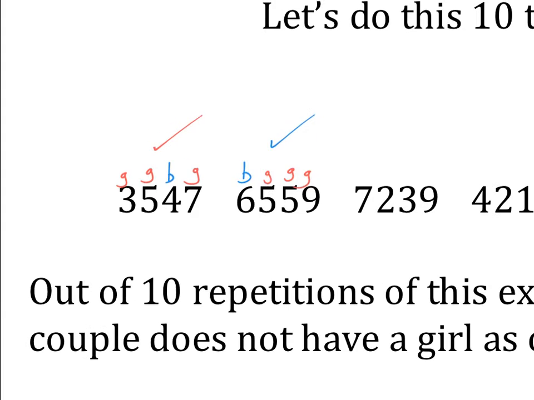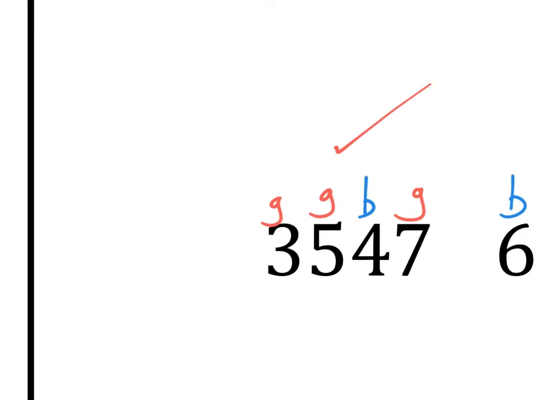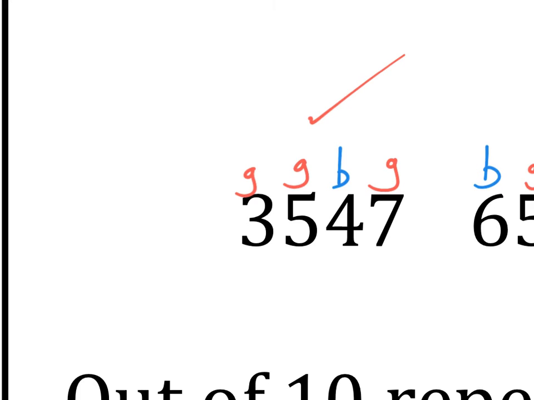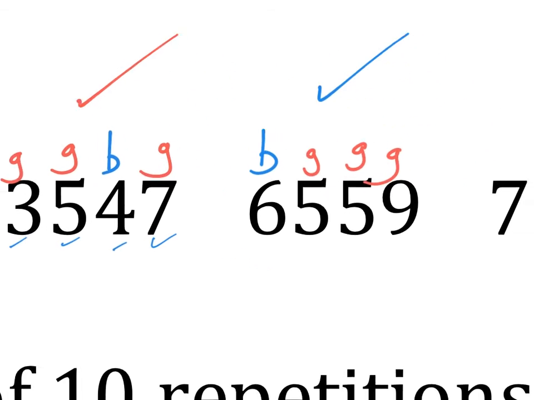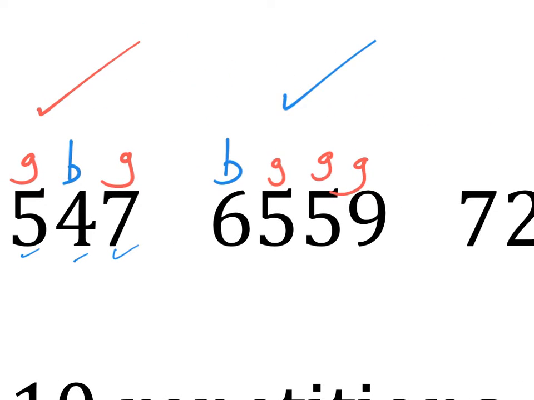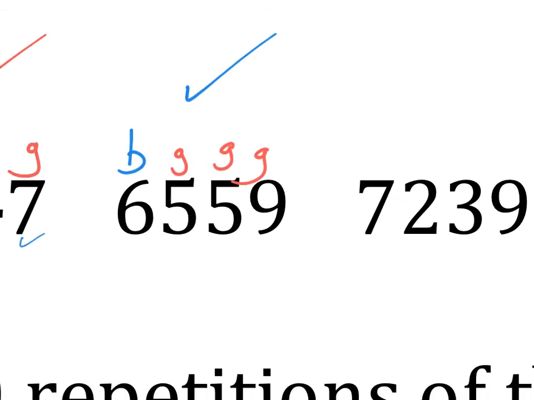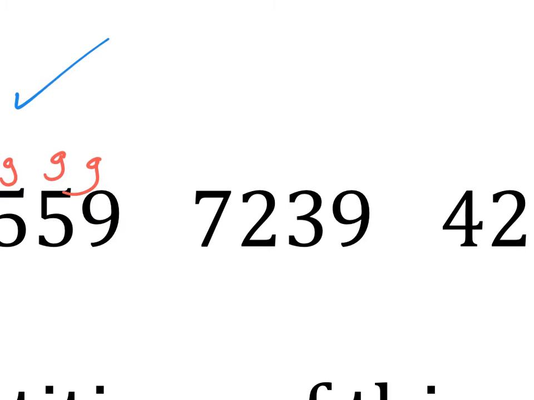So this second group is also having a girl. Think of it this way. In this number set, if this was a simulation, it would be like having a girl, then another girl, and then your third child's a boy, and then the 4th child's a girl. That'd be the first 4 children. The second one would be like having a boy, and then girl, girl, girl. So 3 girls in a row, because odds are girls, evens are boys. The next one would be like girl, boy, girl, girl.